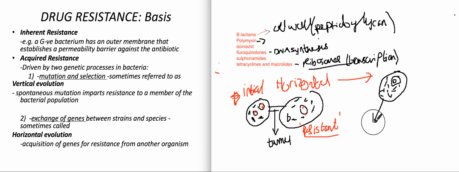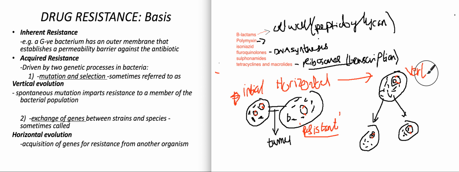Now that then goes on to divide into the different cells, which also similarly have the resistance, which is indicated here by the red bit. Okay, so this is vertical, this is horizontal, and this is vertical.